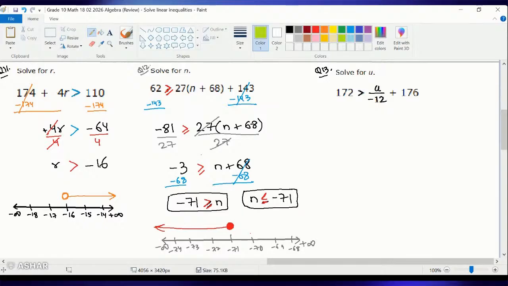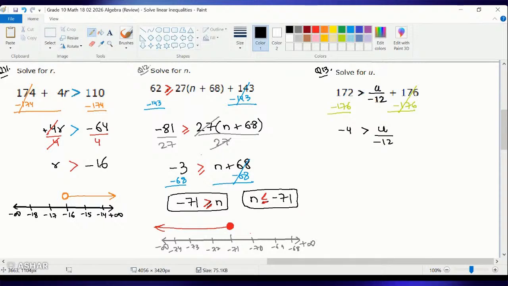So we know that if it is plus 176, we subtract 176 on either side. We can say this comes out to be negative 4 is greater than u upon negative 12, right?